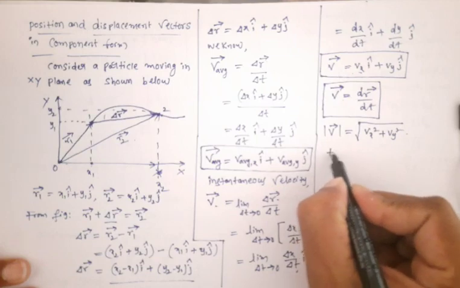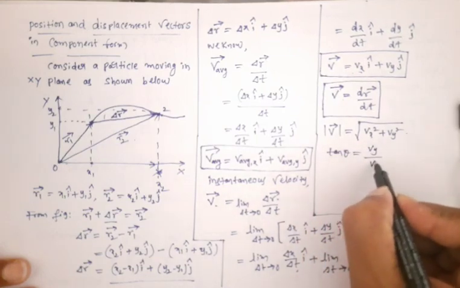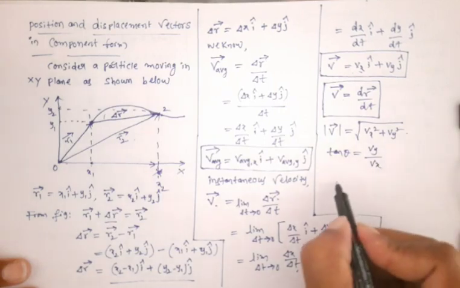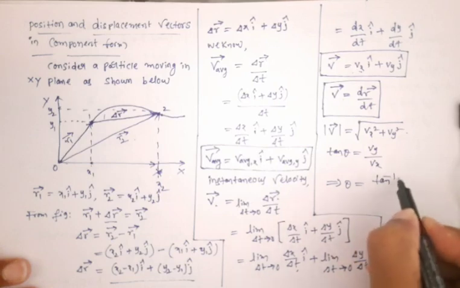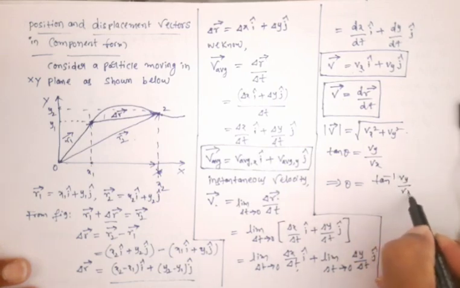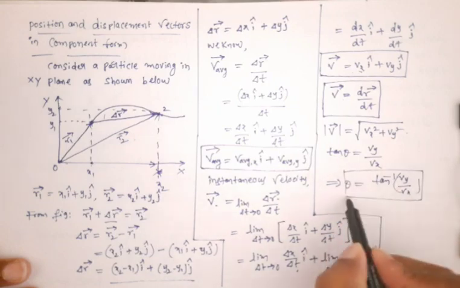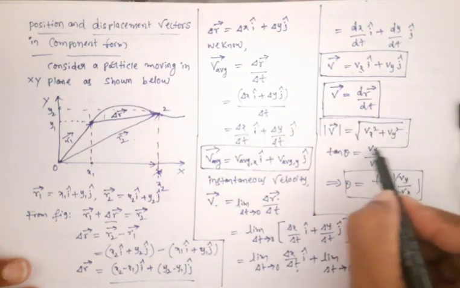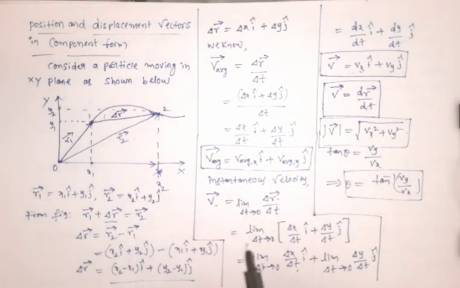How? Tan theta is equal to y component divided by x component, vy by vx. From this equation, theta is equal to tan inverse vy by vx. So using this equation you can find angle, and using this equation you can find magnitude of the instantaneous velocity vector.